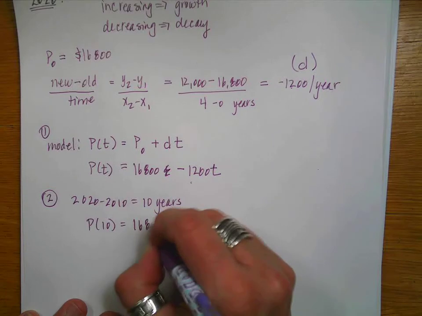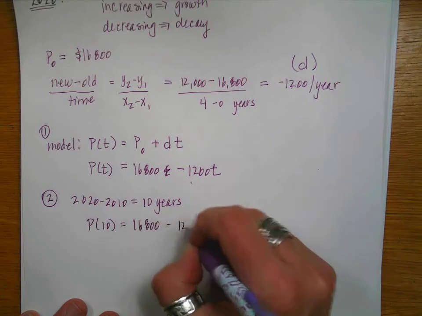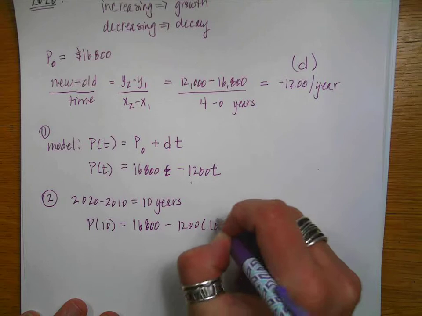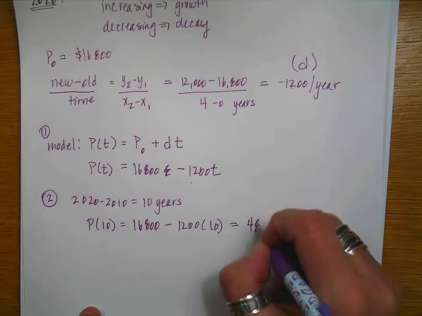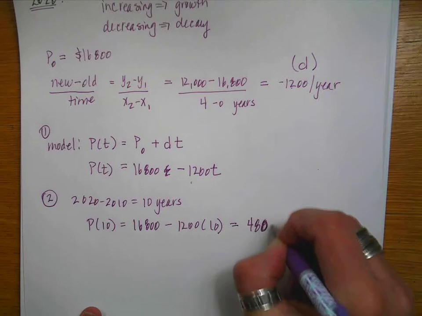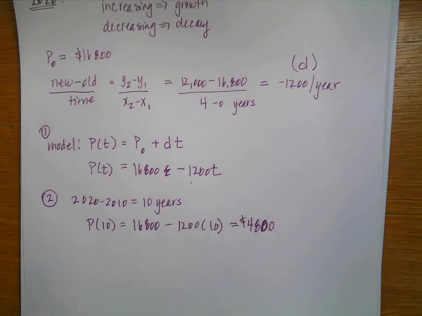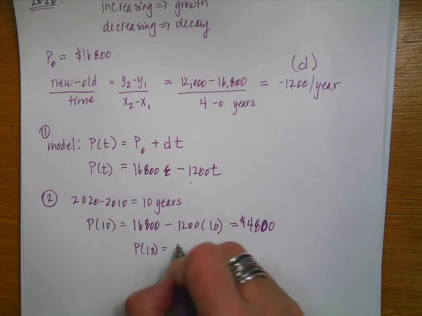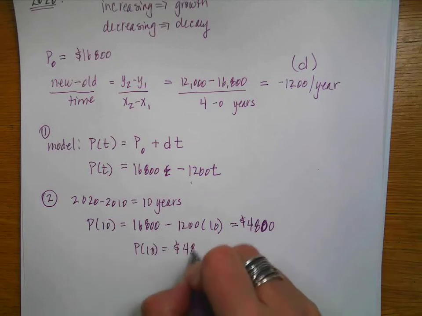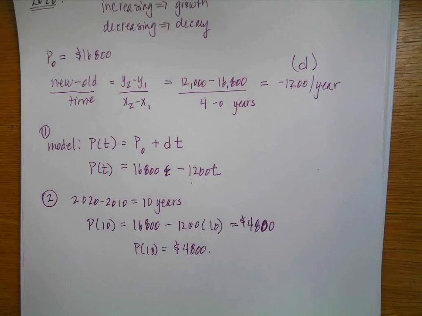So if I substitute those numbers into my equation, it's going to be 16,800 minus 1,200 times 10 years. And if I do that math, in 10 years my car is going to be worth $4,800. So P of 10 is equal to $4,800.